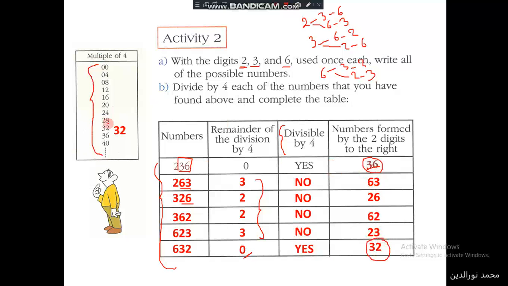We have 36 and 32. So we can conclude the rule of divisibility by 4: to be divisible by 4, the last 2 digits of the number must be divisible by, or a multiple of, 4. So if the number is to be divisible by 4, the number formed by the ones with tens must be in the multiples of 4.